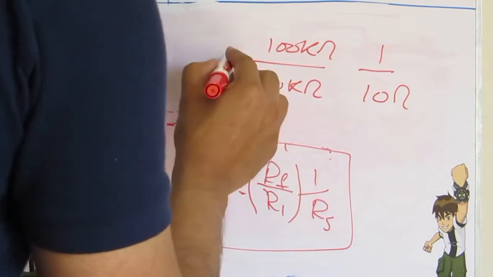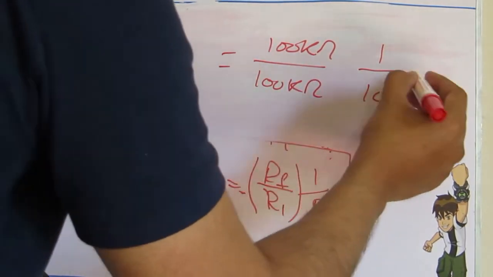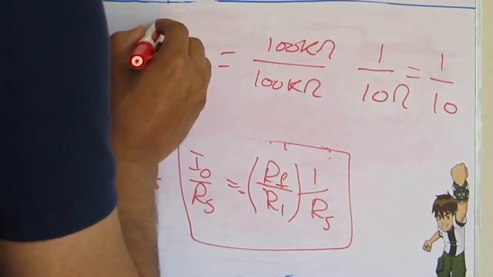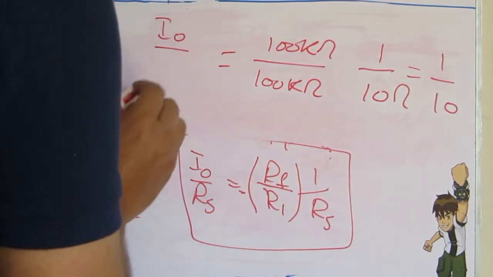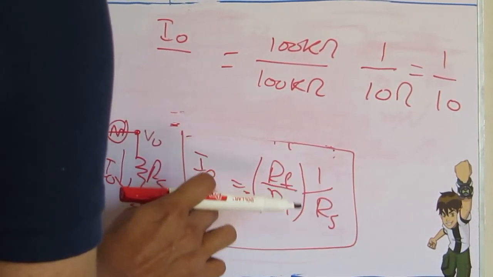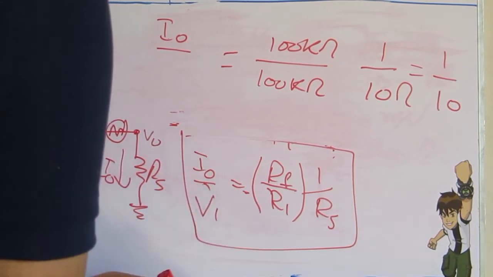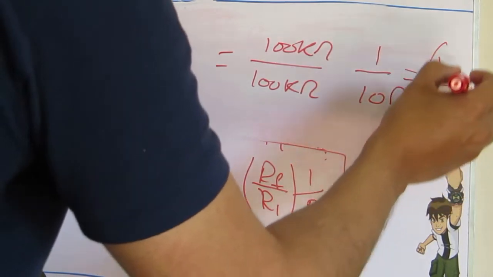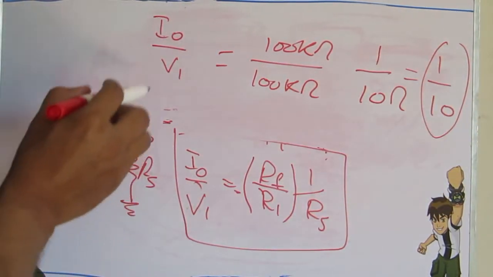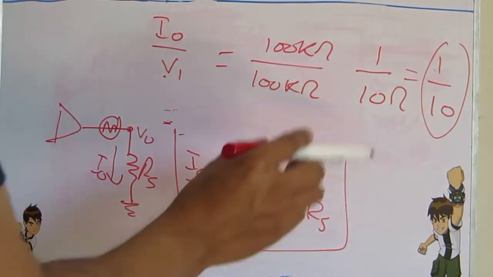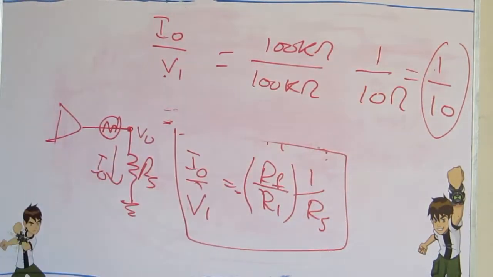So this whole thing will be equal to 1 by 10, meaning I0 over V1 is equal to 1 by 10. If there would be 10 volts, a current of 1 ampere will be flowing. If there would be 10 millivolts, a current of 1 milliampere will be flowing through the galvanometer.